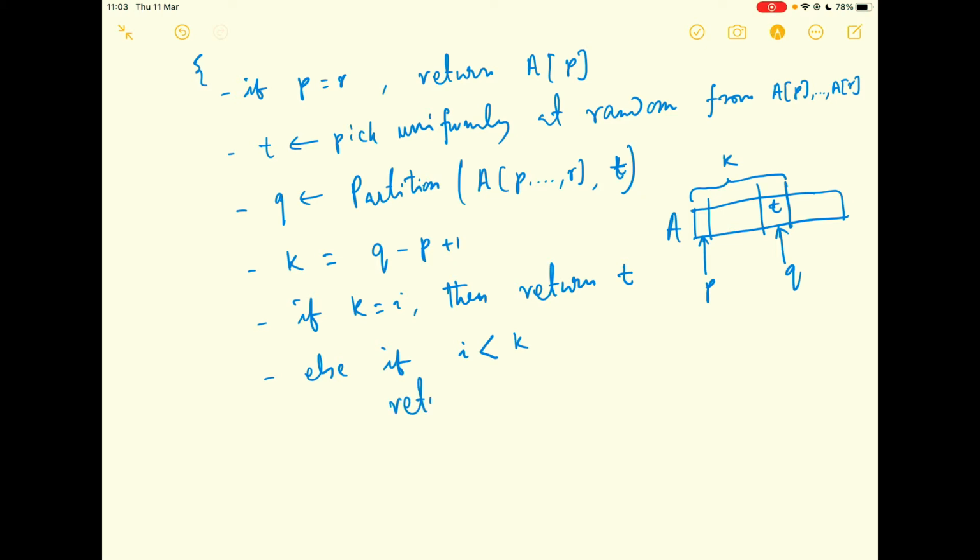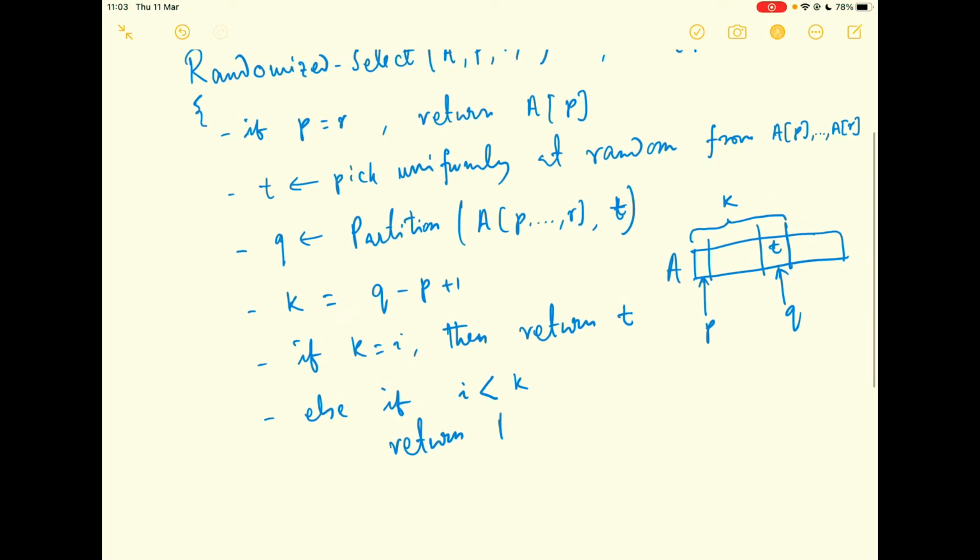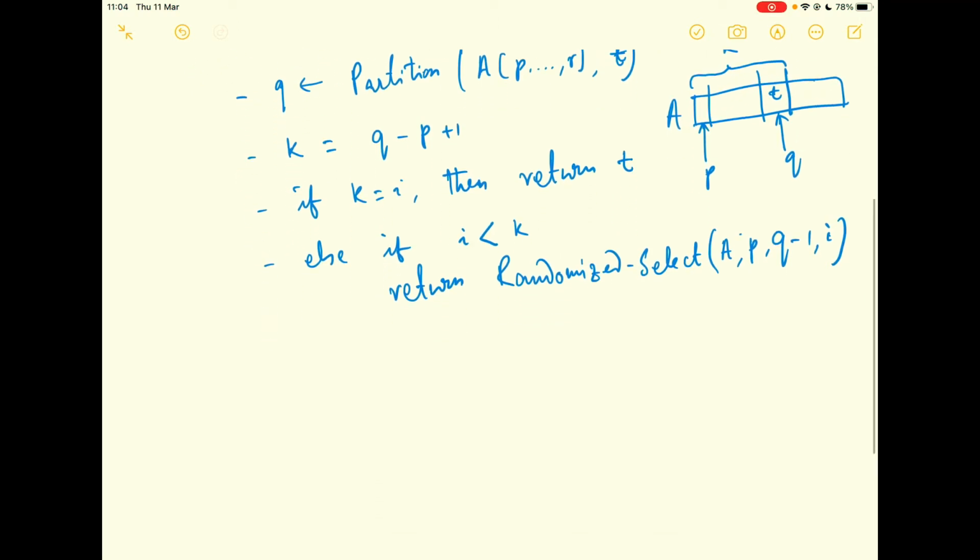So we recursively call randomized select on A, with the left index P, the right index Q minus 1, and this i remains the same. I need to find the ith smallest element in the left part of the array.